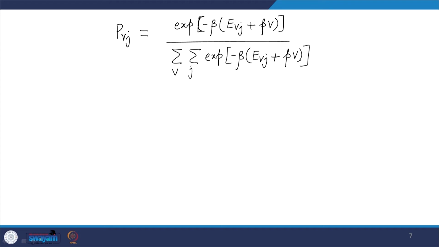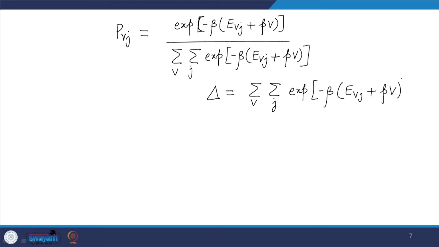In other words, the partition function for the isothermal isobaric ensemble is summation of v, summation of j, exponential of minus beta (E_vj plus pV).